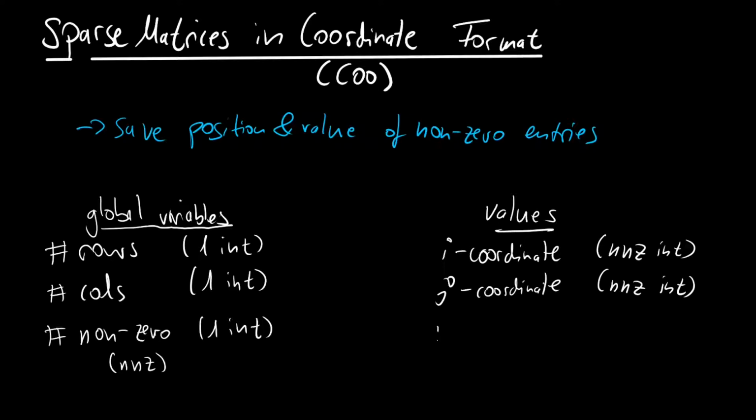And then, most importantly, the values themselves, which takes us nnz doubles. And let's imagine, for example, we have a 64-bit long integer, so then it has the same length as a double value, so 8 bytes. Then it takes us 3 times 8 bytes for the global variables, and we need 3 times nnz times 8 bytes for the values.